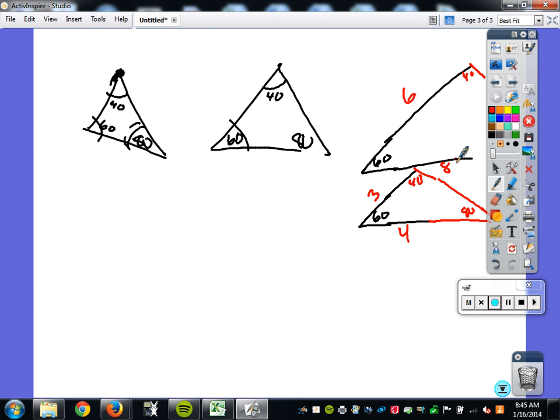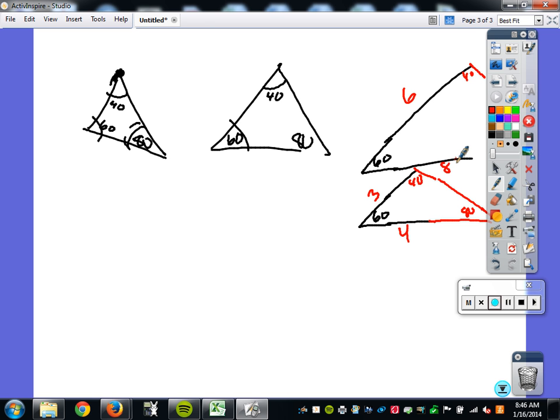So, what I'm trying to show you today is this. Beforehand, for us to prove that triangles were similar, we saw that all the angles were already given as equal to each other, right? What we were doing was proving that the sides were proportional. We were assuming something that we shouldn't have assumed already. Does that make sense?